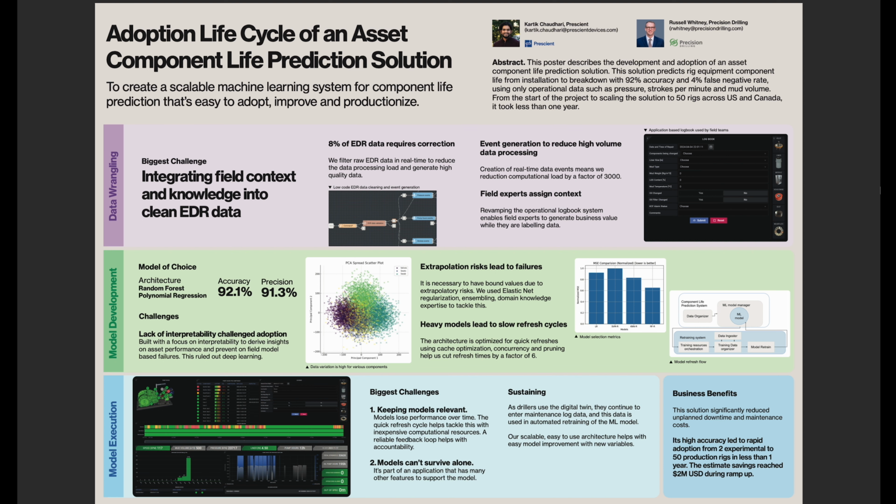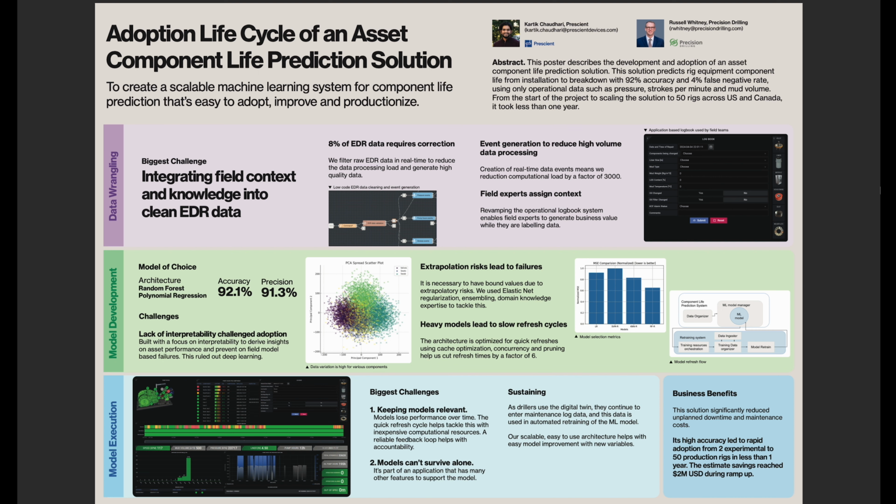So let's start from step one, the data. The biggest challenge we had was trying to use EDR data, which is their drilling records.